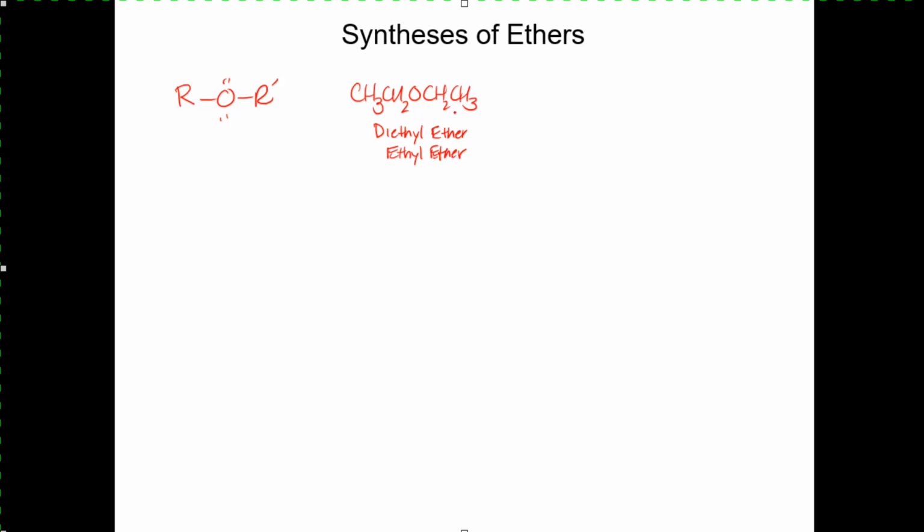And I'll talk about the reactions of ethers. There really aren't very many, so they're usually used as solvents or fuels. Another ether that's commonly used is tertiary butyl methyl ether, which is called TBME, sometimes called B-Tex, I believe.